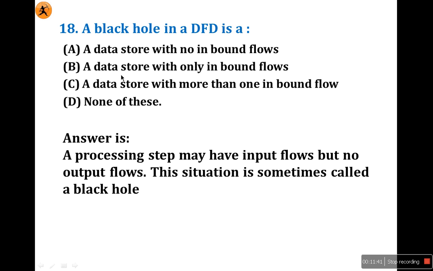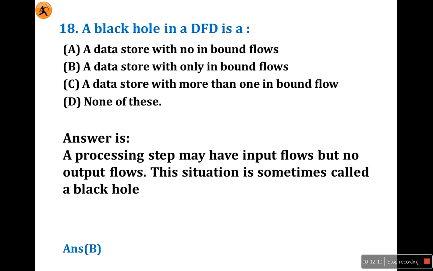Check the second, a data store with only inbound flow. A process step may have input flow but no output, means only inbound flows. So option is B. Option C, a data store with more than one inbound flow, is also not true. So answer is B. What is black hole?